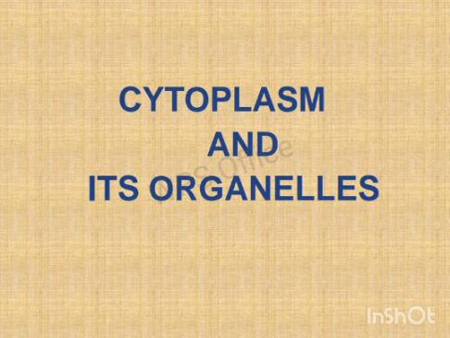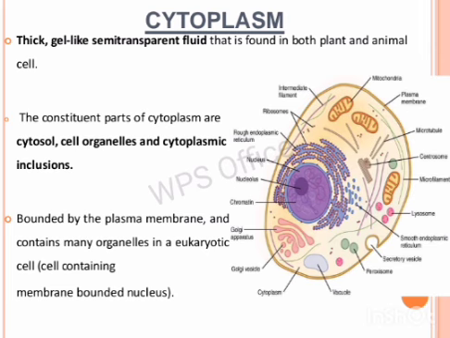It is inside the cell. Cytoplasm is a thick, gel-like, semi-transparent fluid that is found in both plant and animal cells.